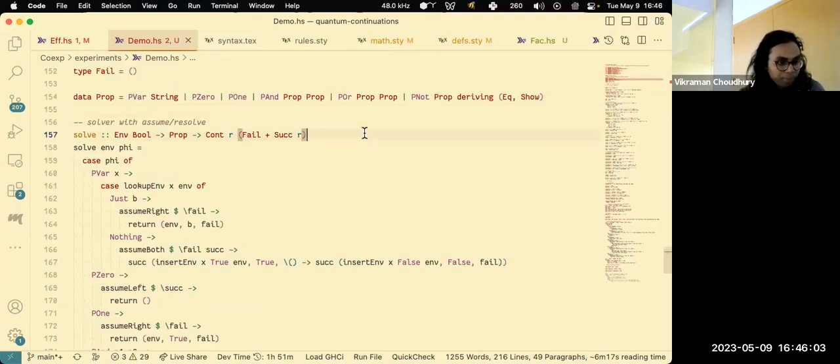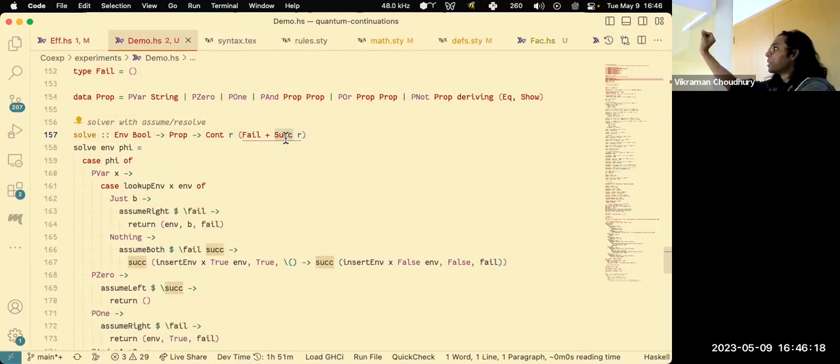The SAT solver takes an environment and the proposition you're trying to solve, and it has a failure and a success. So these are the two choices. There's a little bit of hack here with the R, and it tracks the state of the SAT solver.